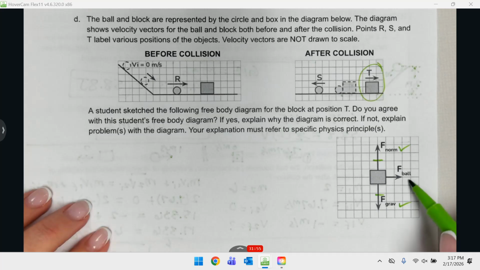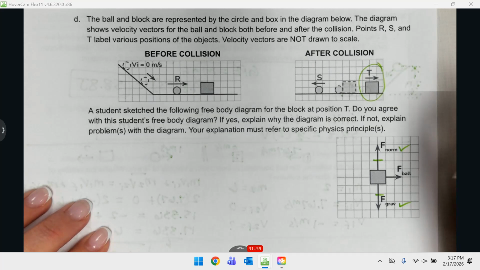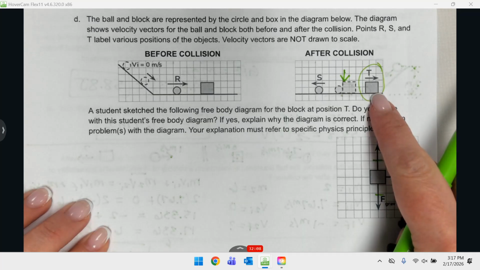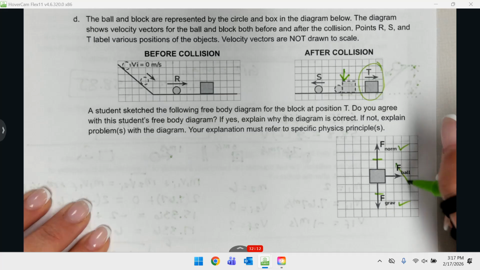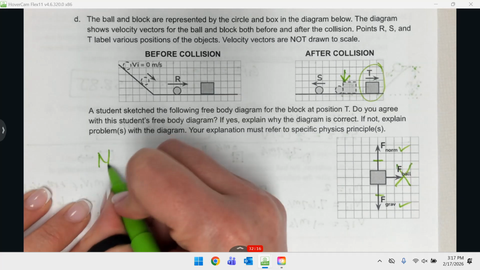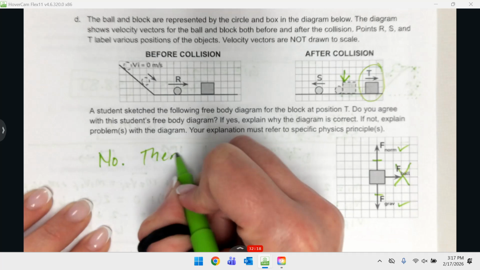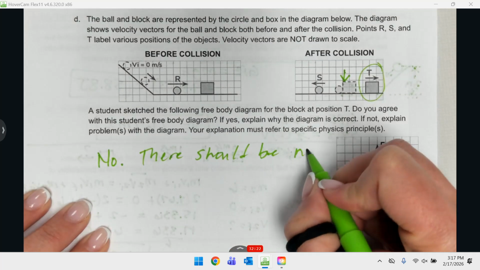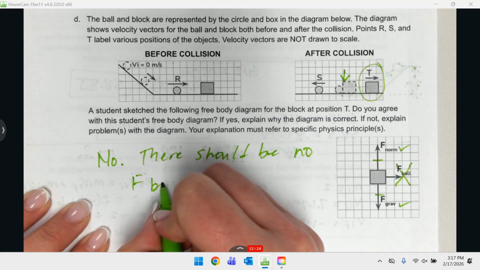The question then becomes, what about this one? There is a force from the ball on the block, but it happens right here during the collision. As soon as they're not touching each other anymore, which it's not once it gets to point T, once there's no longer contact, there is also no longer a force here. Okay, and so do you agree? No. There should be no force from the ball.